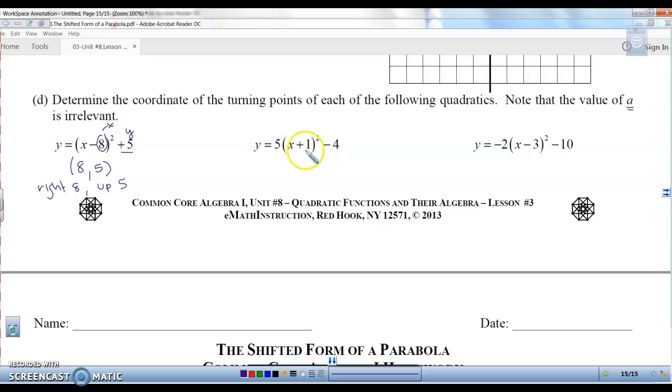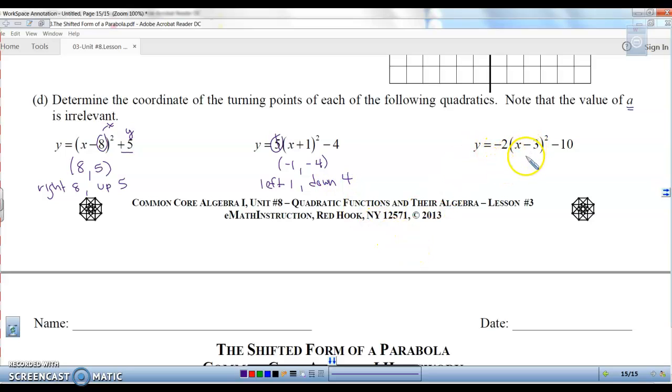All right, what should be the vertex of 5 times x plus 1 squared minus 4? We're not worried about the 5. We're just worried about the vertex. So the vertex for this is opposite x, -1, same y, -4. So the shift for this should be to the left 1, down 4.